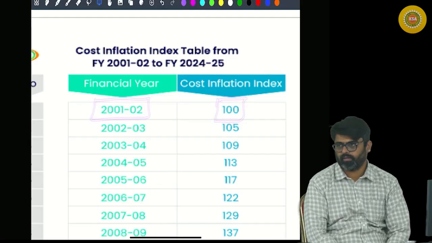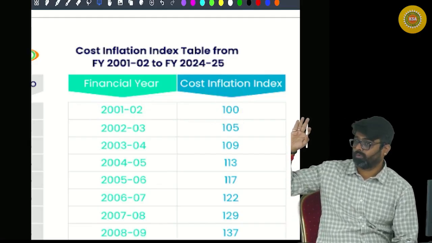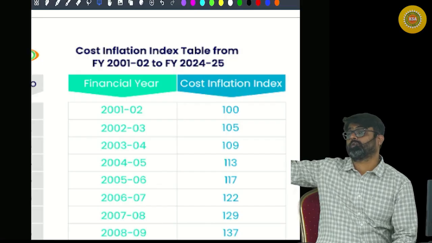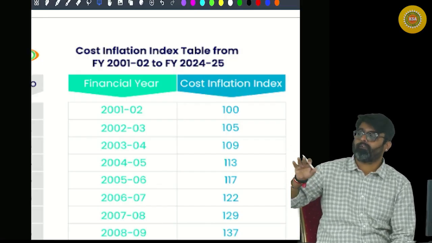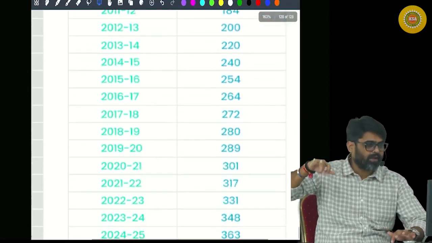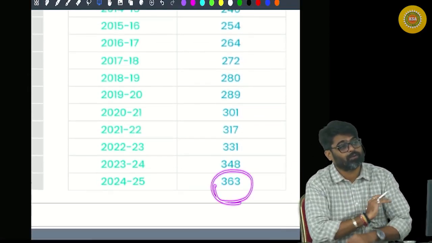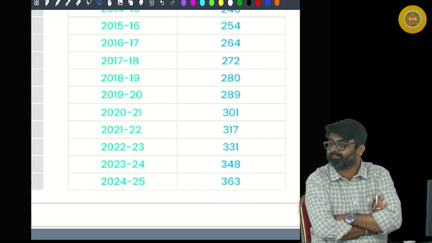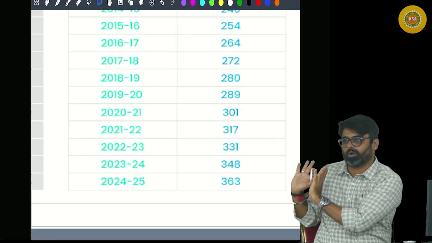What does it mean? It means that starting from the year 2001, because of inflation, the cost of that asset became 363 today. Getting my point? I'm trying to decode this.